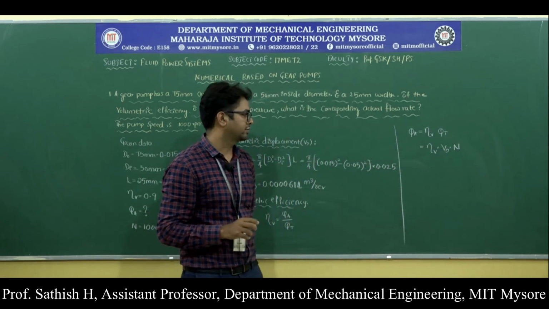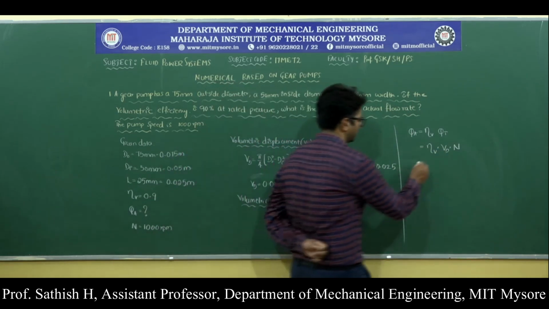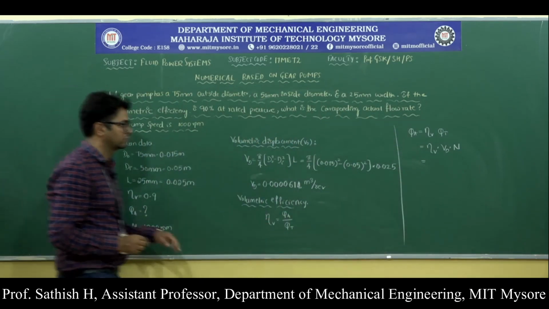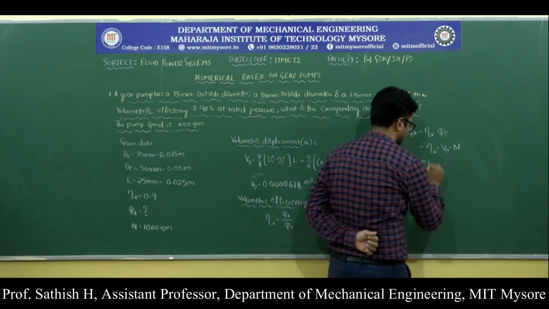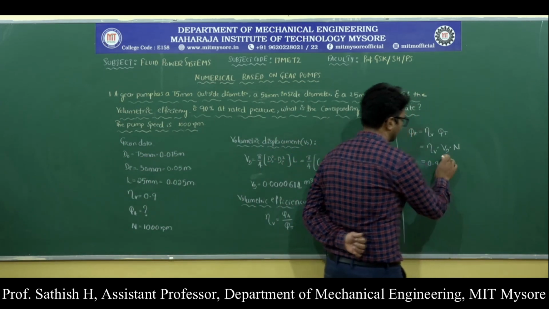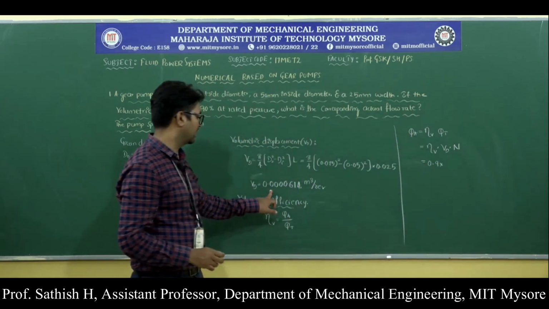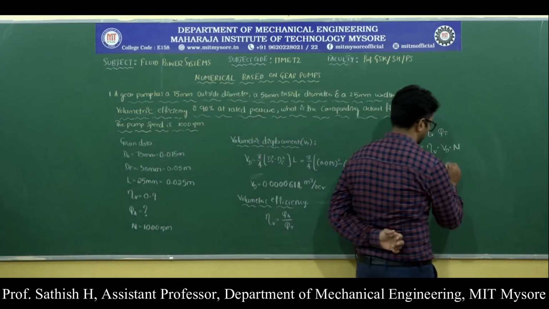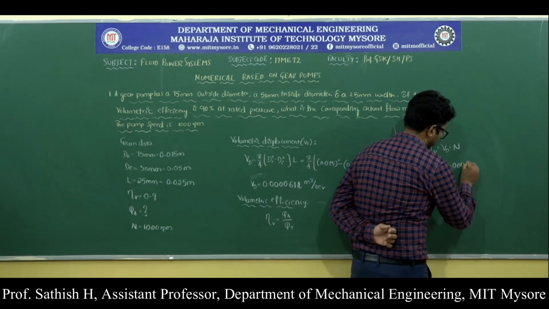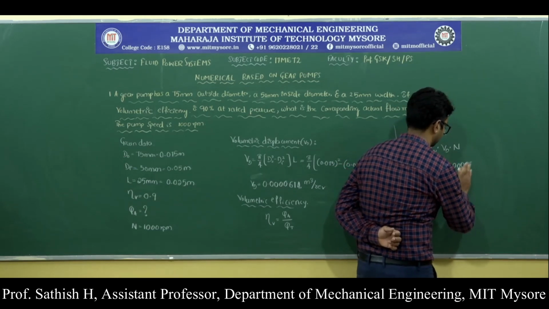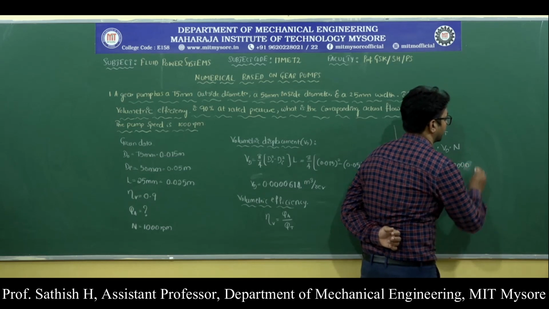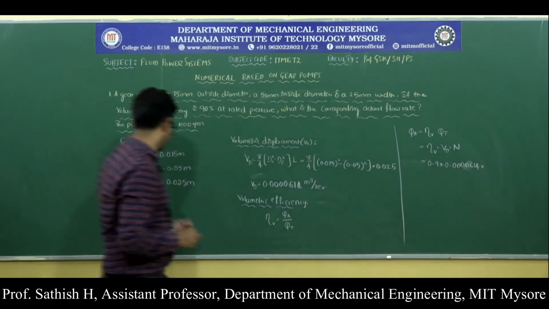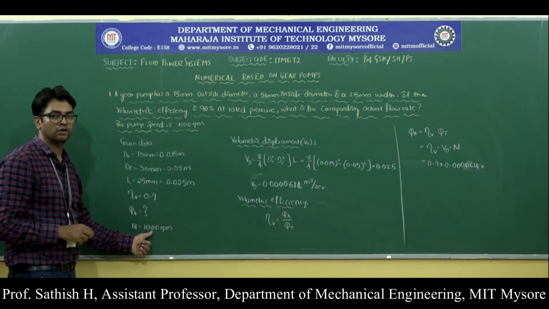If you substitute the values here, we know that the volumetric efficiency is given in the problem, that is equal to 0.9. And the volumetric displacement that we found in the previous calculations is 0.000064614, times capital N, the speed of the pump, that is 1000 RPM.